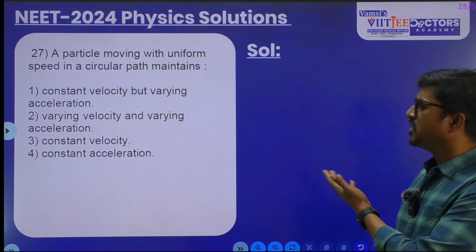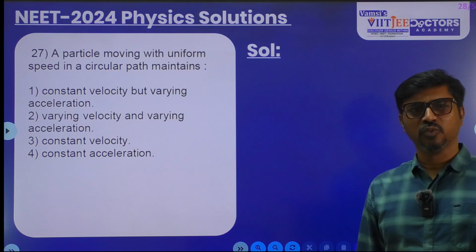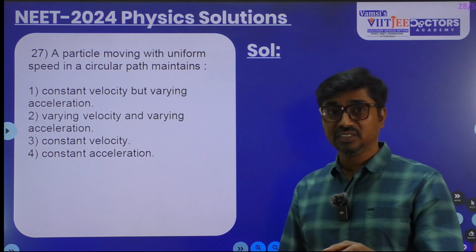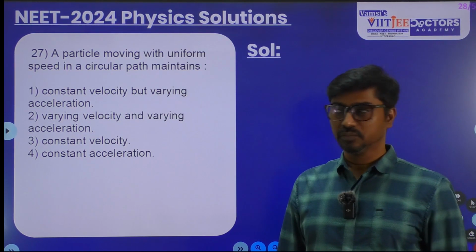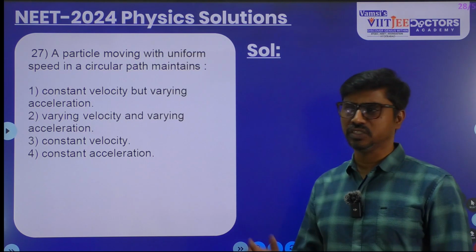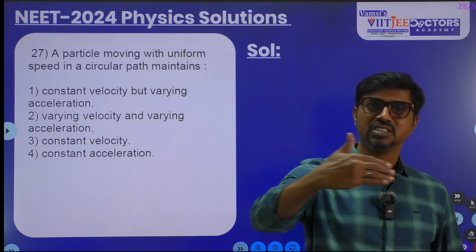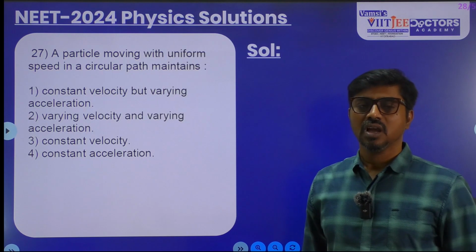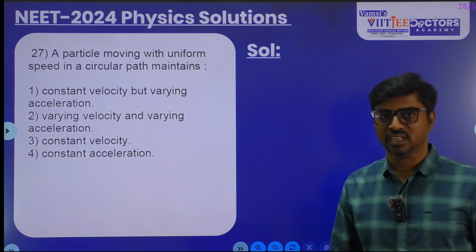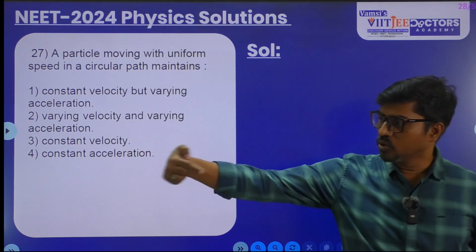In our grand test also, we gave this question because it was floating around. I think you might also have seen it. Speed constant does not mean velocity constant, because velocity is a vector quantity. You need to look at the direction also. In circular motion, the velocity direction is changing. And acceleration? In uniform circular motion, you have centripetal acceleration, always directed towards the center.